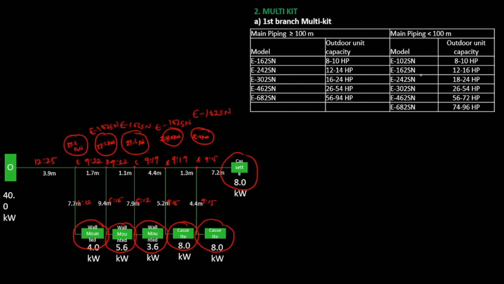So 14 HP is between 12 HP here and 16 HP, so we're going to use this part of the table and this multi-kit. So we'll come here and write E162SN, and with that we have successfully determined the right multi-kits for all of the branches.